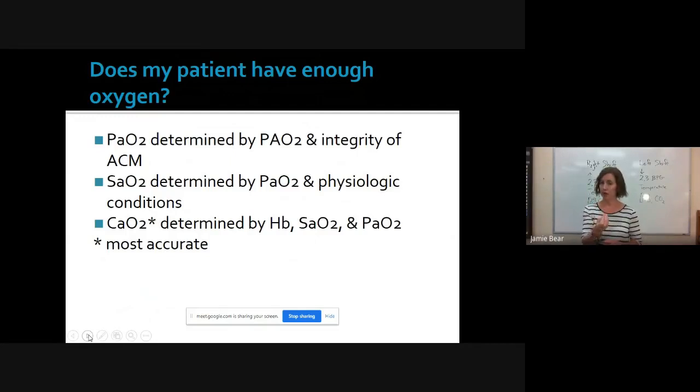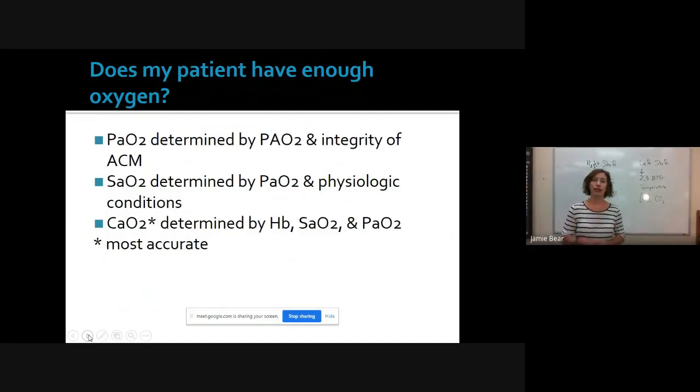Does it have good enough integrity for diffusion to take place? Then we can ask, how's our saturation? How much oxygen is combined with hemoglobin? That is determined by, one, is there enough oxygen pressure to bind to hemoglobin, and then our physiologic conditions.